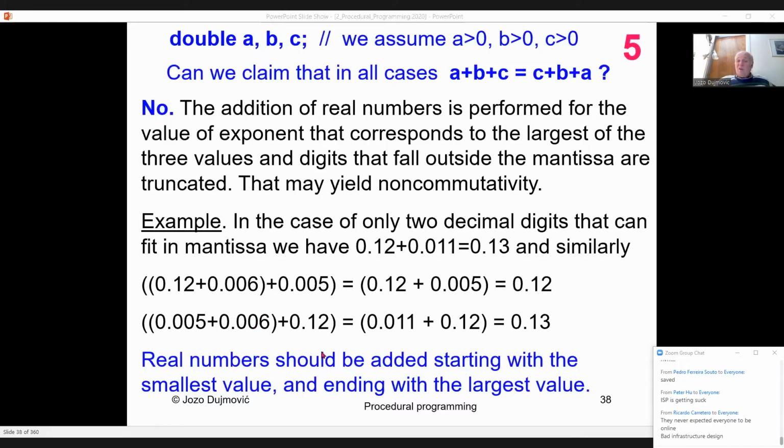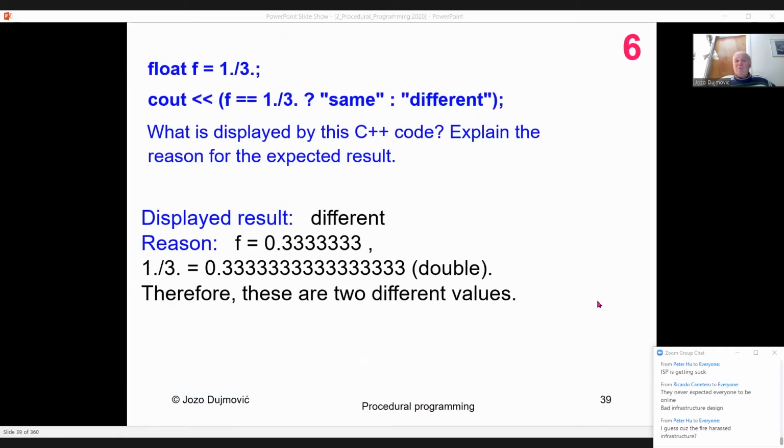What is happening here, if you have 0.5 plus 0.6, this is going to give you 0.11. And with 2 digits, you are going to have this 1 plus 0.12 is going to create 0.13. So going in the direction big plus small will give you this value, and small plus big will give you this value. These are two different things. So pay attention that this is always happening. Of course, we have more than two digits, but again, the behavior will be the same.